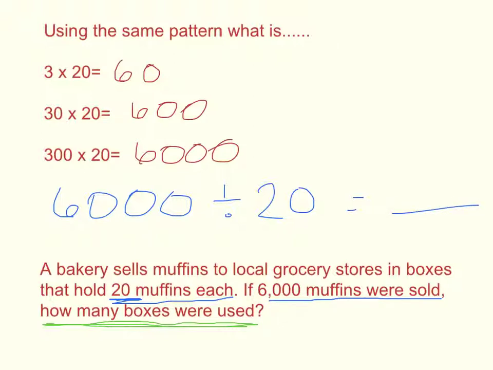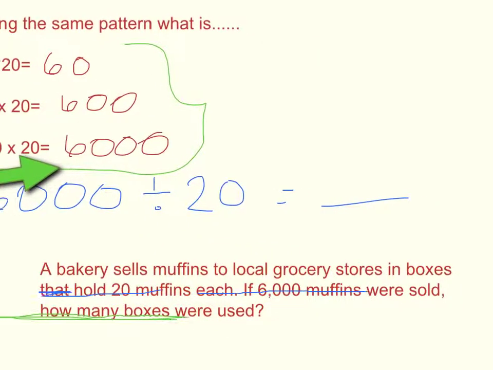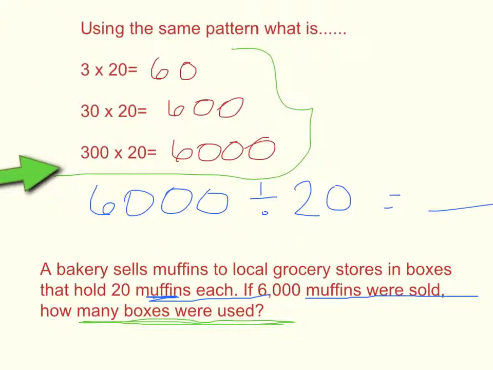Now, do you see any of our multiplication sentences that we have up here that have the same numbers? Are there any that are the same family? And yes, we have one. We have one right here. This is it. 300 times 20 equals 6,000.